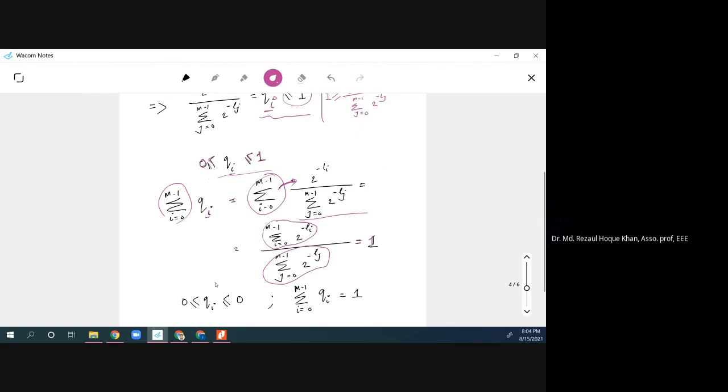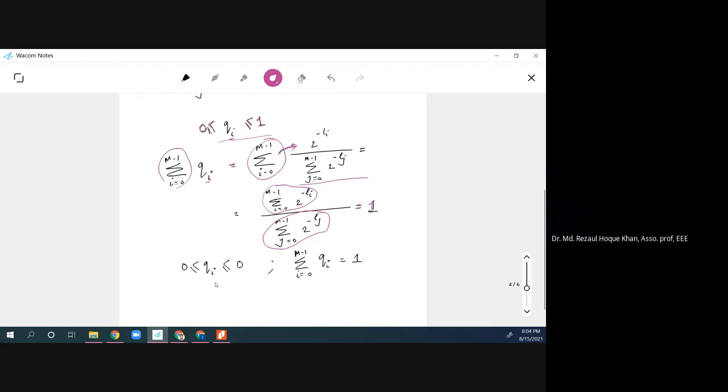Now we find two conditions. We find that this is the limit of Qi and the summation of Qi is 1. This gives us a fantastic idea about the nature of Qi. It tells us that Qi is a probability distribution.